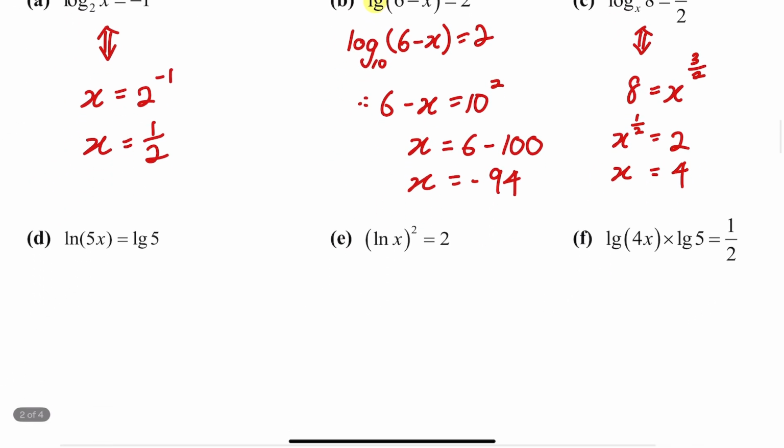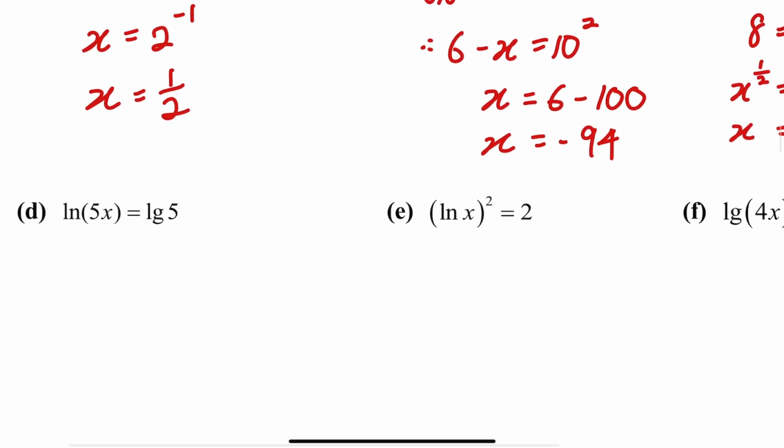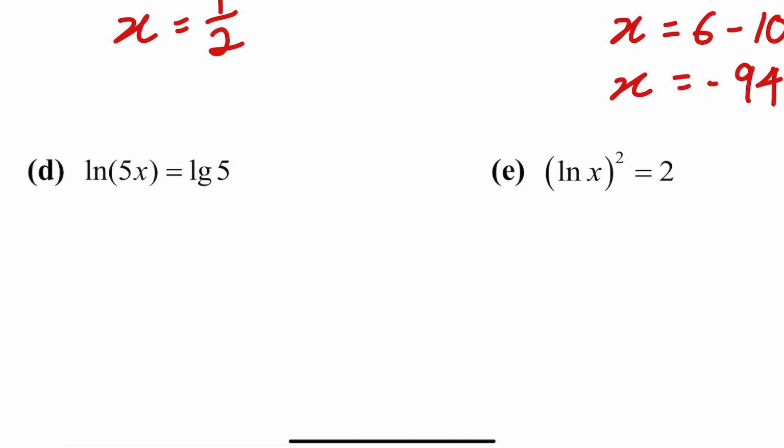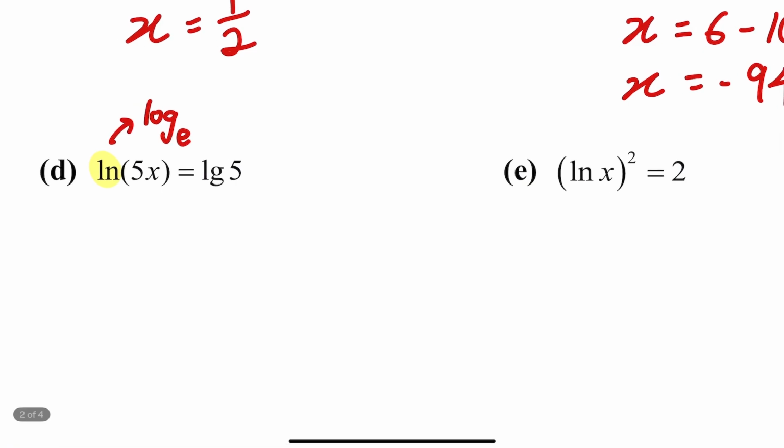Let's now look at part D. Remember, I have an ln now. Ln means log base e, whereby e is a natural number. So over here, I want to convert this to exponential form. So this will mean that in order to get 5x, the base e must have a power of log 5.